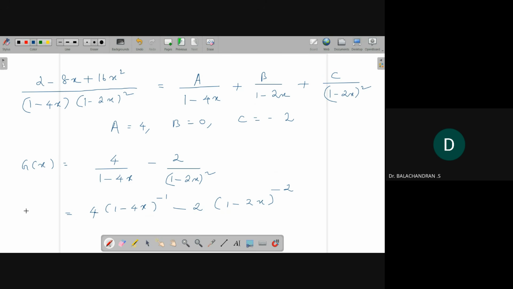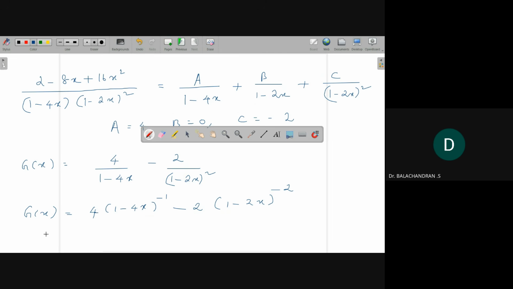This is g of x. Now the next step, compare the coefficient of x power n on both side.